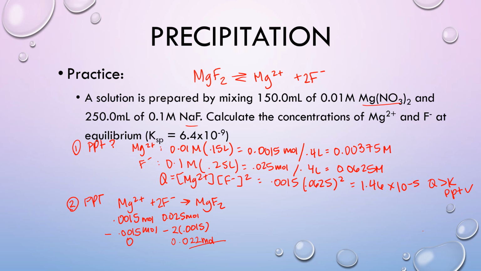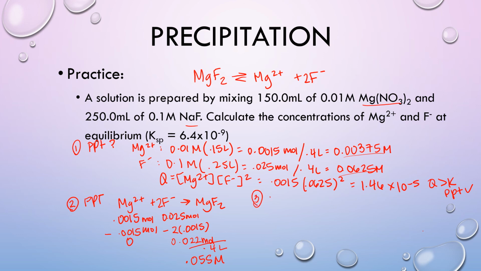I'm going to divide that by my new volume, which is 0.4, which gives me 0.055 molar. And I realize that I have a habit of doing it moles to volume, but you could just plug molarity straight in here because we already took care of the volume change. So you don't even have to worry about doing moles. You could have just plugged in 0.00375 and 0.0625 in. So you could do it either way. You're going to get the same answer.